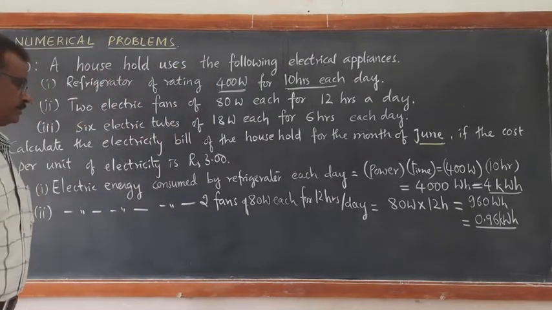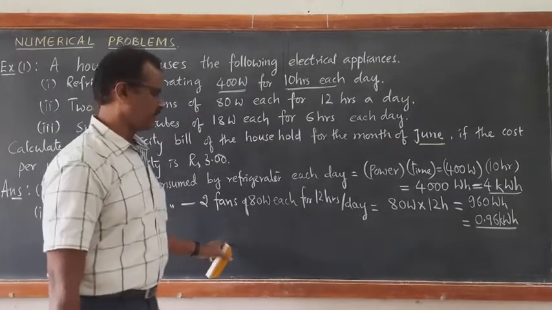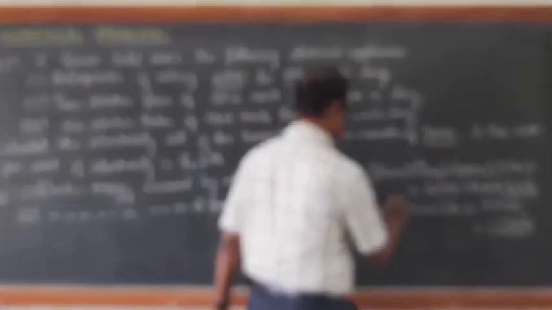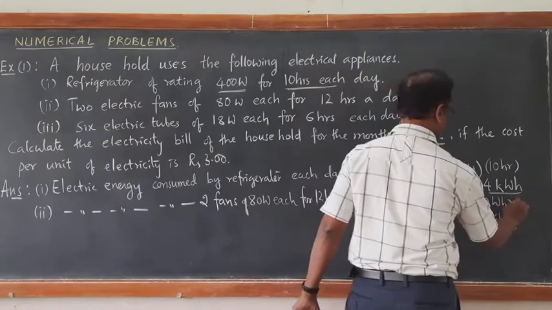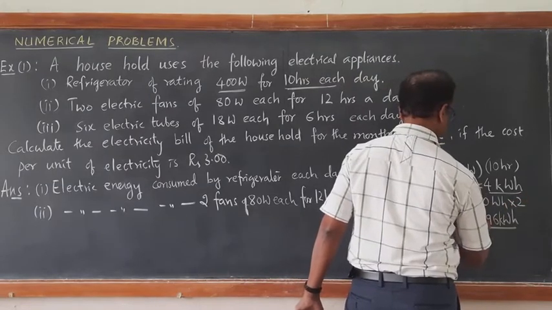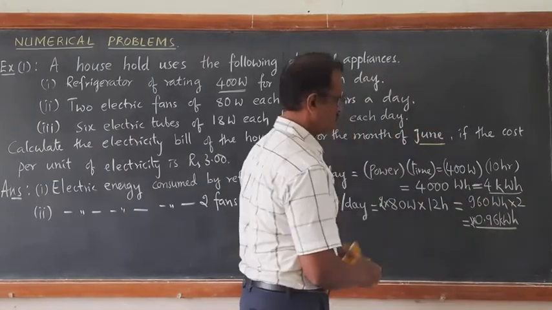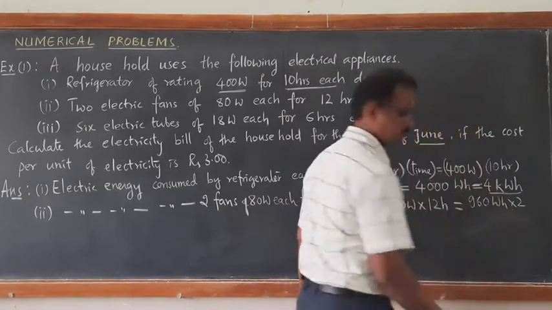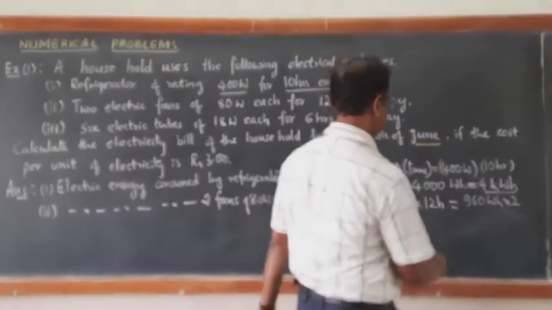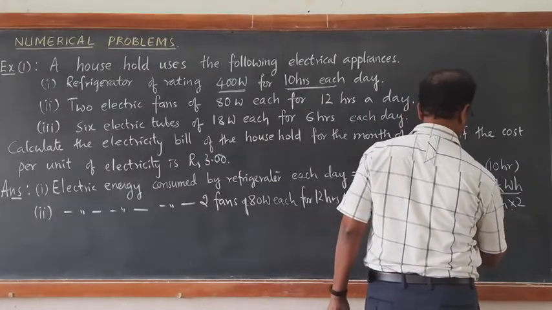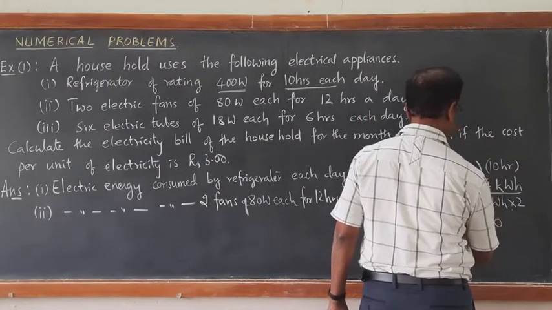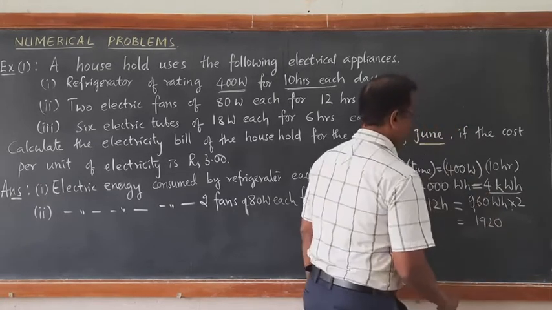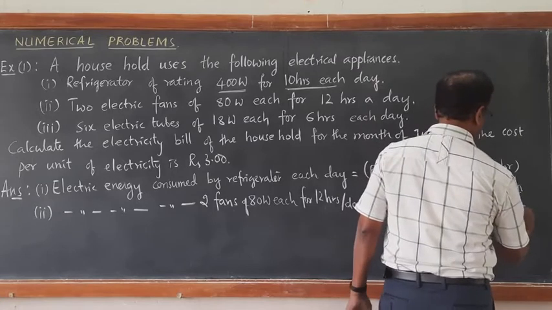And 2 fans are there. I have calculated for 1 fan. Therefore, it should be multiplied by 2. So if you multiply it by 2, 2 times 960 comes out to be 1920 watt hour.